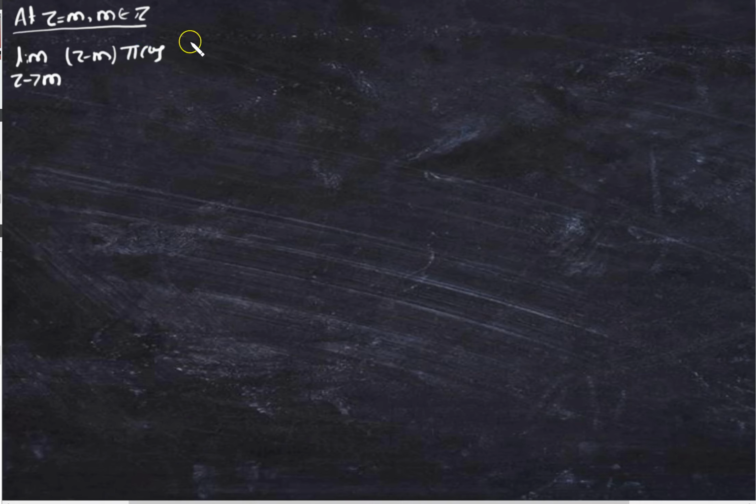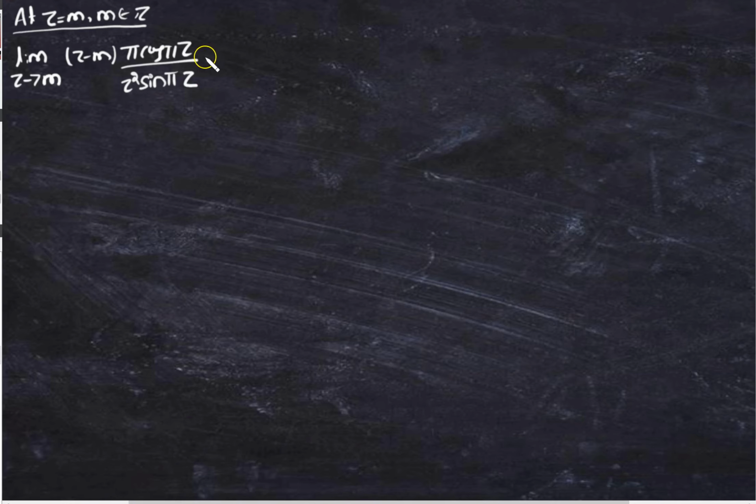Now similarly at a point z equal to m, where m is any integer, we need to check whether this is a pole or not. For that, same definition. According to the definition, limit z tends to m of z minus m times f of z, which is pi cos pi z divided by z square sin pi z.